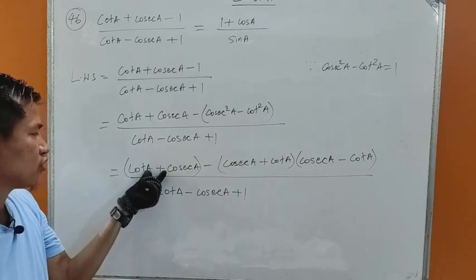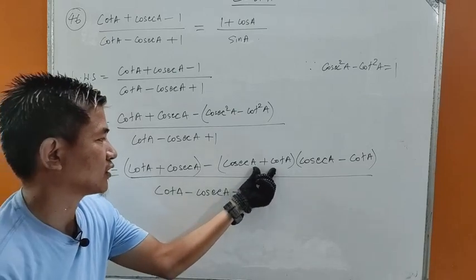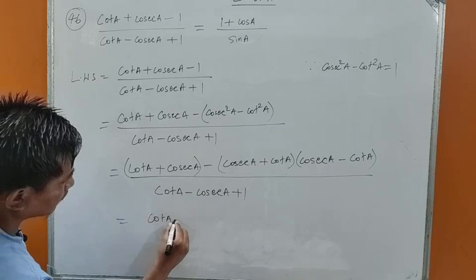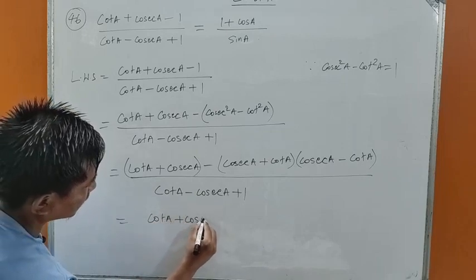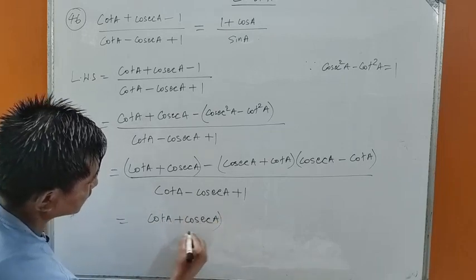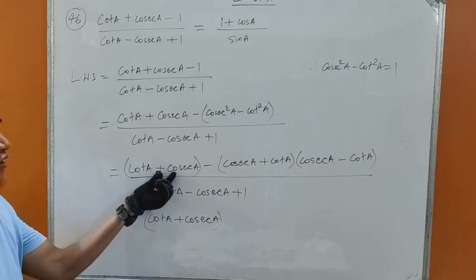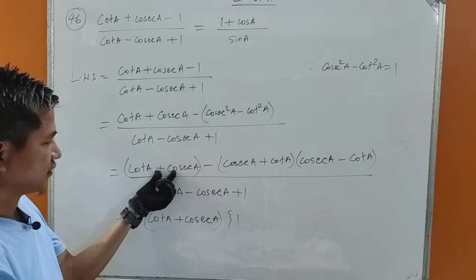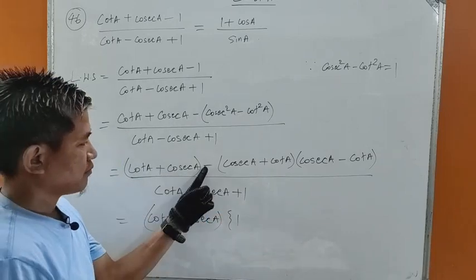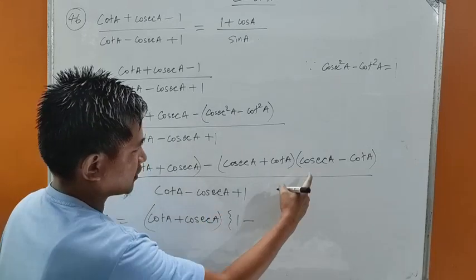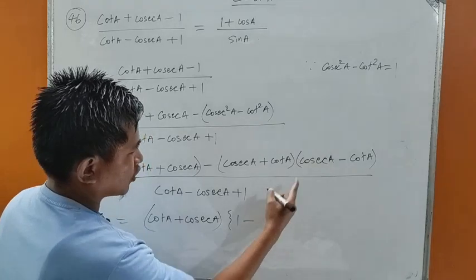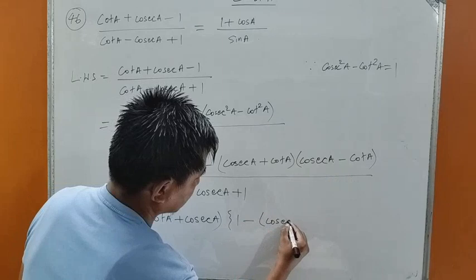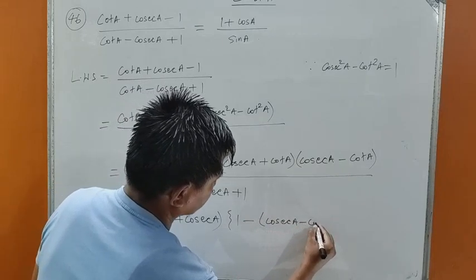So cot a plus cosec a is taken common, and within the bracket this number is taken out, so 1 remains, and 1 minus this number remains: cosec a minus cot a.